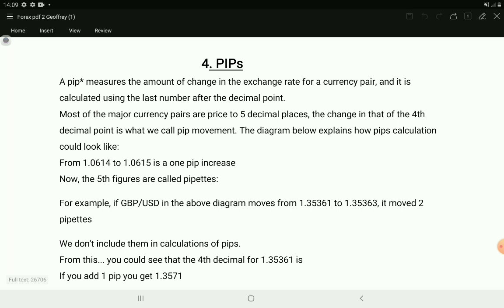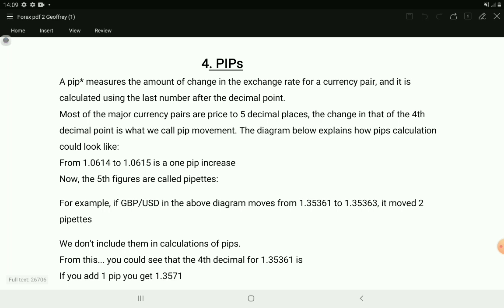So in the forex market, there are two major ways we calculate pips. For most currencies, we calculate to the fourth decimal place. The last number at the fourth decimal place is where we start counting our pips from. Any number after the fourth decimal place should not be counted.